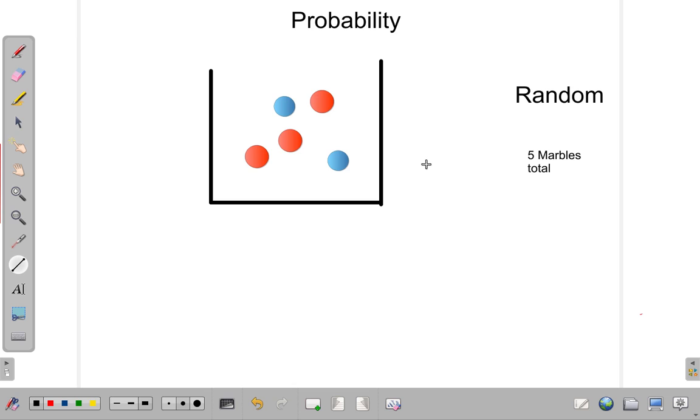Now, anytime you pick something out of a box or identify a person out of a larger number of persons, or a few out of a larger number of persons, you talk about the term sample and the term population. When you talk about a population, it means everything, everybody.